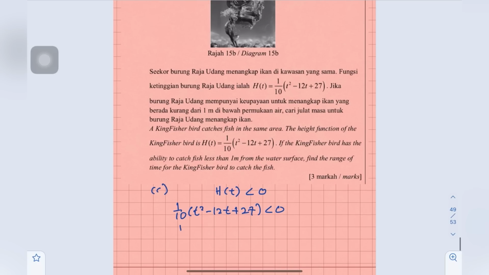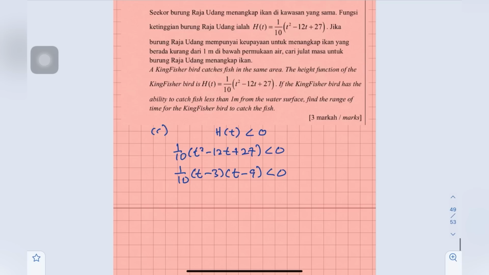So this one we can factorize: (t minus 3)(t minus 9). Okay, so when we sketch the graph, 3 is at the left, 9 at the right, so less than is right here. So the range of time is t more than 3 but less than 9.